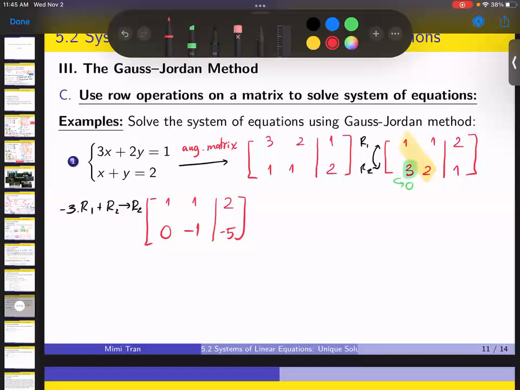And then we stop because we have 0 under the diagonal. Remember, this is your diagonal.